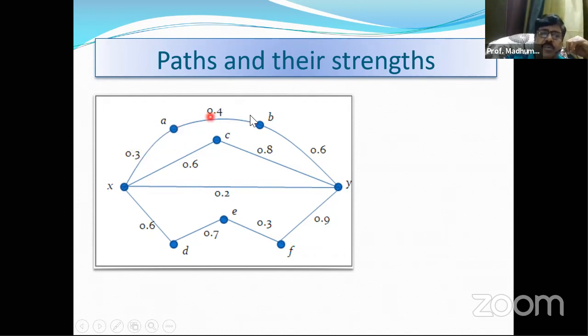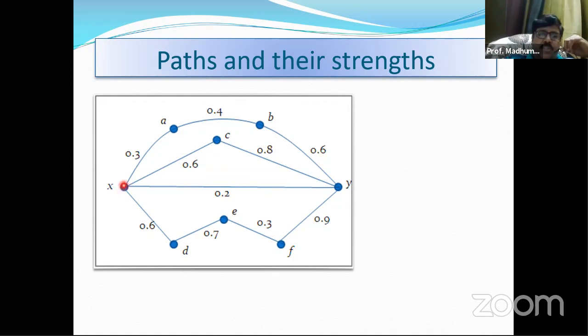The membership value of the edge AB is 0.4. BY is 0.6. These numbers associated with the edges are the membership values, and they represent the degree of appearance of the edge in the graph. Basically, the membership value of an edge means the degree of appearance of that particular edge in the graph. So this is the entire graph.